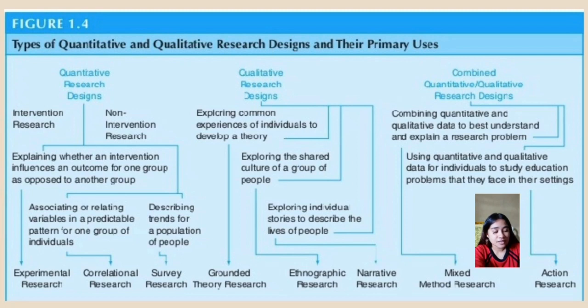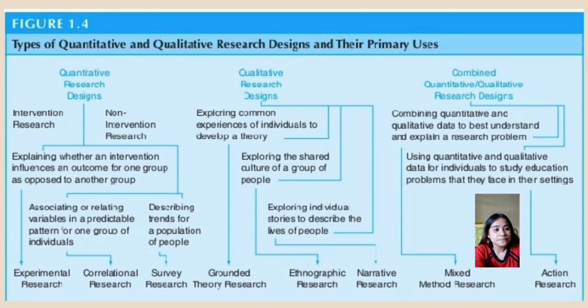In quantitative research designs, there are experimental research, correlational research, and survey research. In qualitative research designs, grounded theory research, ethnographic research, and narrative research. The combined quantitative and qualitative research designs are mixed methods research and action research.